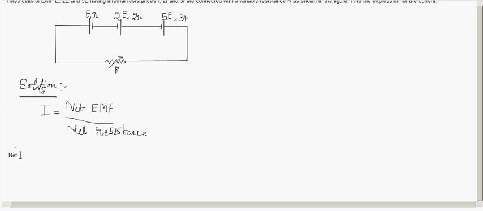Now we need to take the proper polarity here.